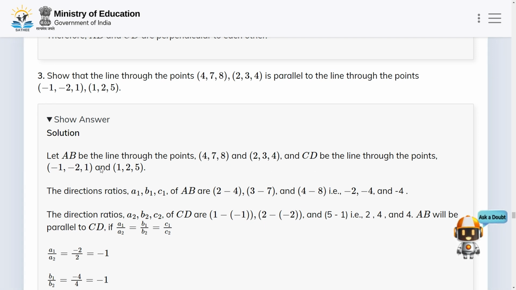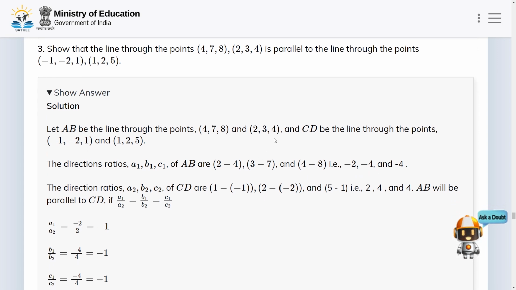So AB is a line joining these points, and CD will be using these two points. Then your direction ratios for AB will be 2 minus 4, 3 minus 7, and 4 minus 8, which means -2, -4, and -4. Now for CD, the direction ratios will be 2, 4, and 4.